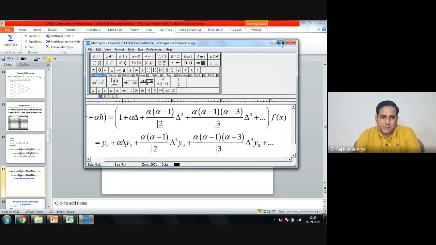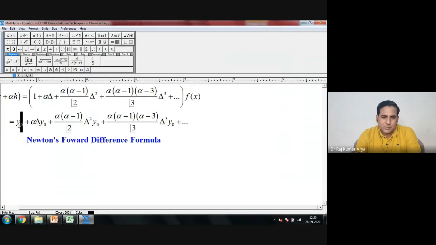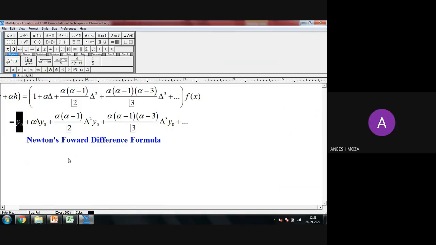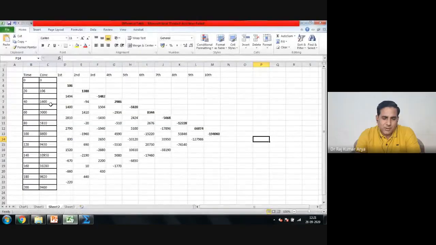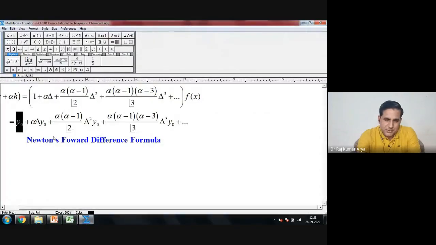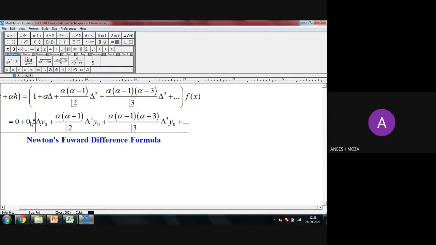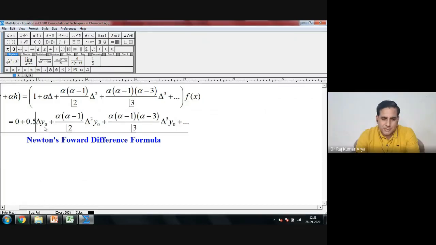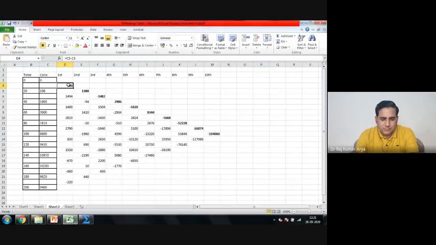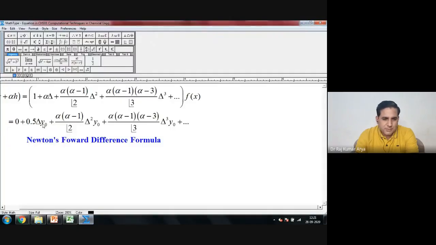Let's substitute the values here. How much is y naught? Y naught is 0. Fine. Alpha is 0.5. How much is delta y naught? In this one, 106. So you can put that value here. Keep doing it along with me.